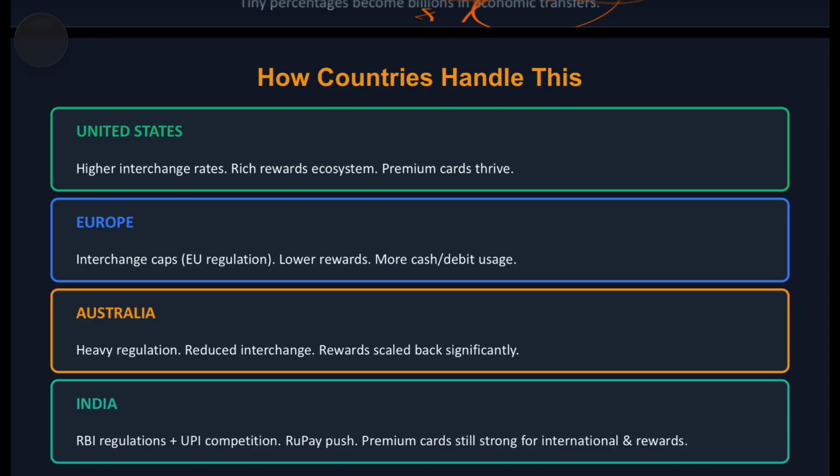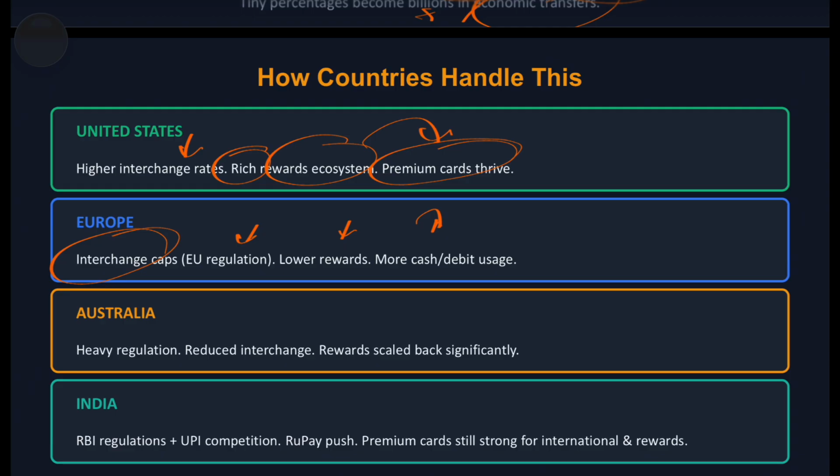And let's see how different countries handle this differently. In the United States, the interchange rates are higher. So basically, the reward ecosystem is very rich, right? So the premium cards are actually able to thrive. In Europe, due to EU regulations, there are caps on the interchange percentage, right? So the rewards tend to be lower because they don't have money to invest in these rewards.